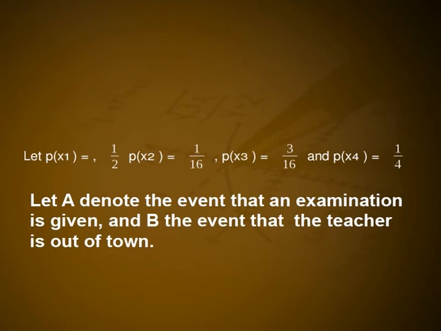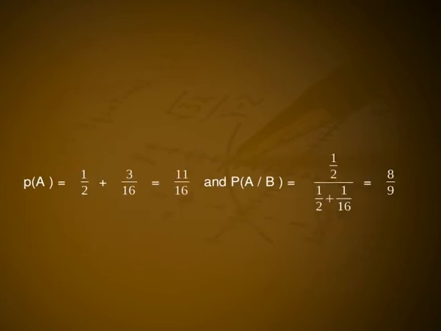Let A denote the event that an examination is given and B the event that the teacher is out of town. Note that P of A equals 1 by 2 plus 3 by 16 equals 11 by 16, and P of A given B equals 1 by 2 divided by 1 by 2 plus 1 by 16 equals 8 by 9.